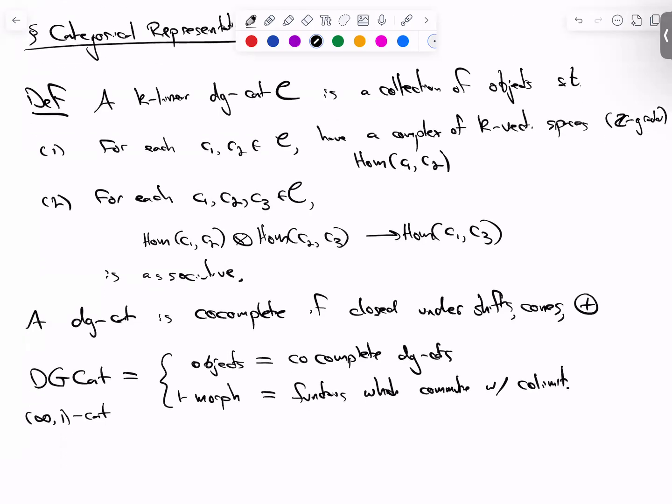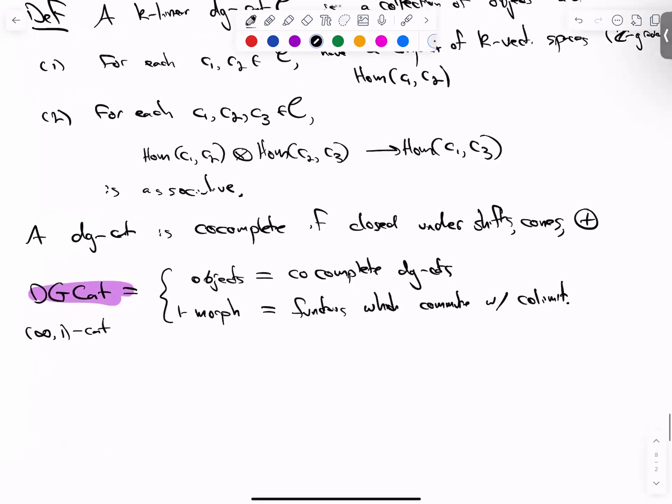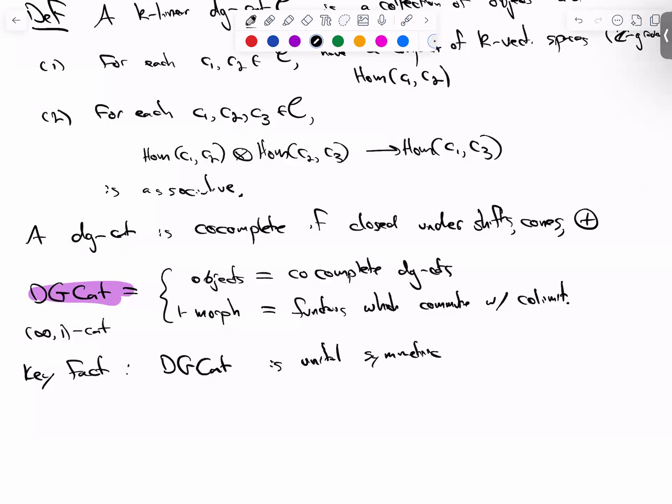So this is the main definition. So the main fact is that DGCat is a unital symmetric monoidal category under the Lurie tensor product.